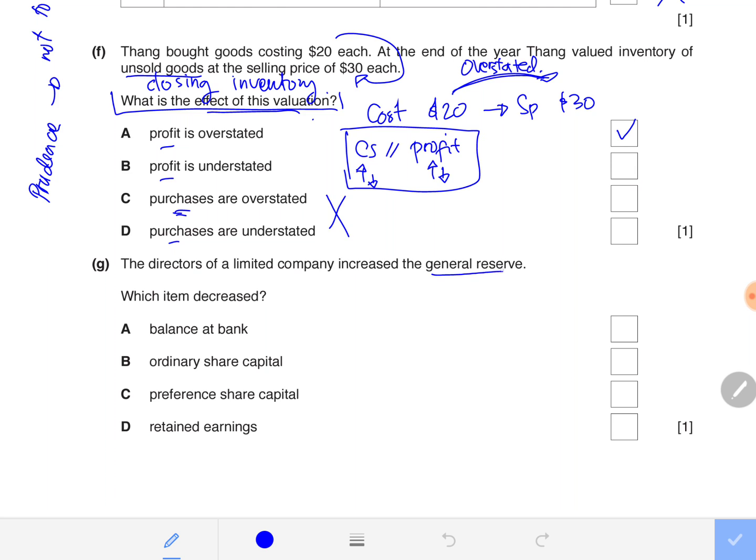When a limited company wants to increase general reserve, this general reserve is taken from profit, and the profit itself goes to retained earnings. So general reserve is taken from retained earnings. It will always be like that. So which item will decrease? It's retained earnings. The answer is D.